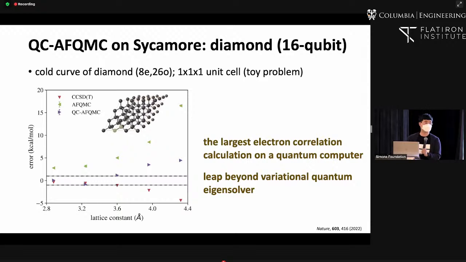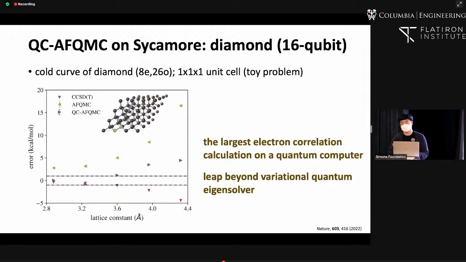Yes? I had a follow-up, but I'll ask it for you personally. Are heavy atoms presenting special problems, or is it just counting the number of electrons? Do you mean special problems for the quantum computer, or for AFQMC itself?